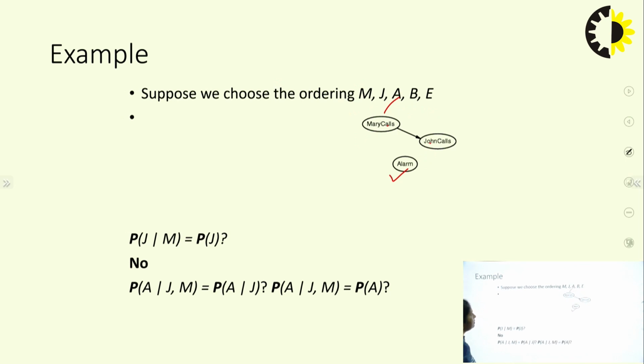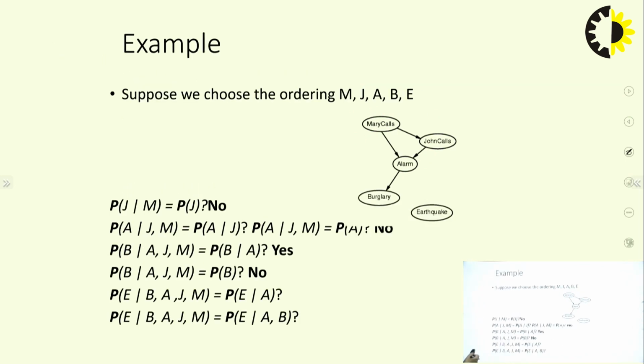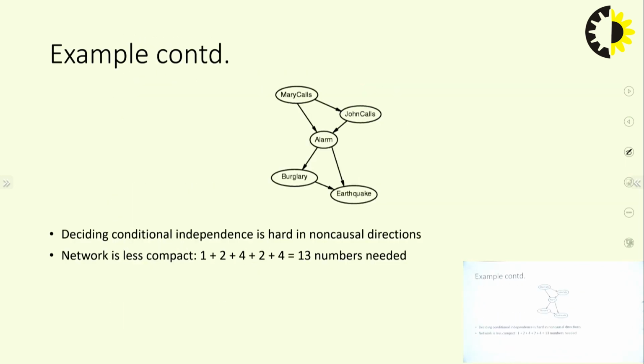If we consider this particular example in this order, we are getting 13 numbers. So deciding conditional independence is hard in non-causal directions. That should be taken care of. We should take causal directions. In causal directions, the conditional independence is easy to infer.